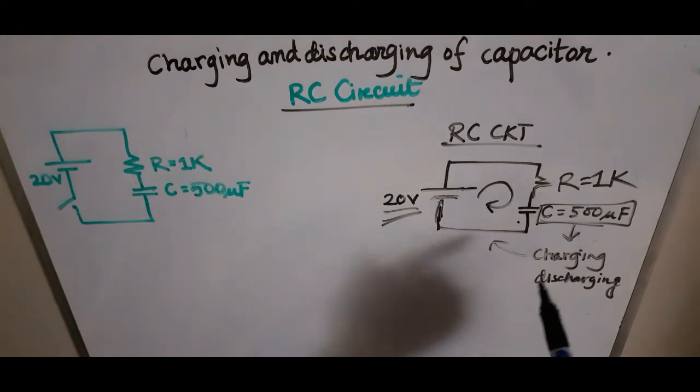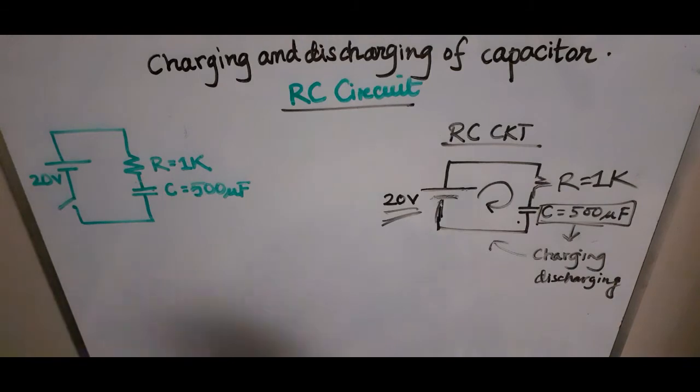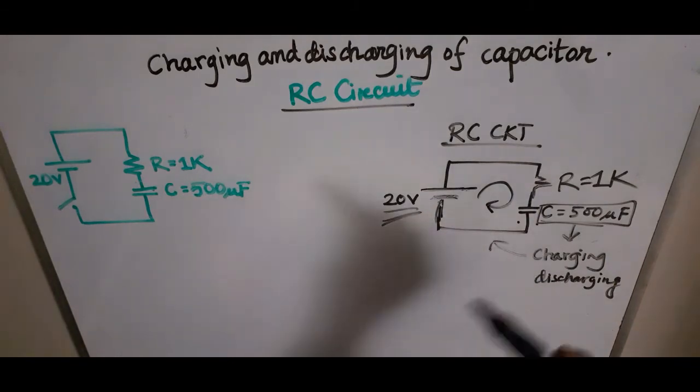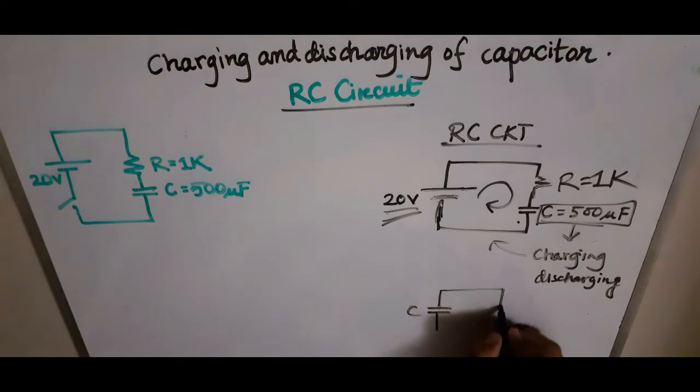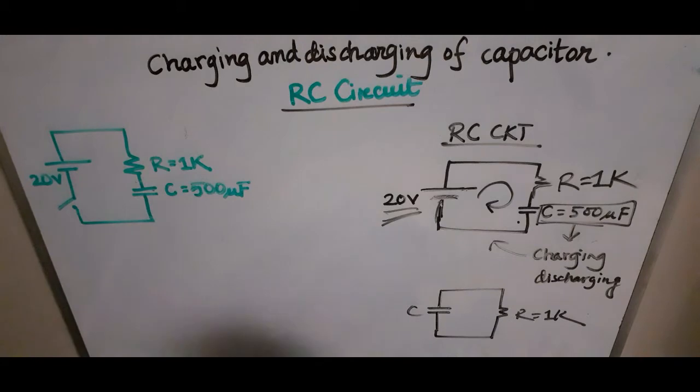A few minutes ago I said that the capacitor has a characteristic of discharging as well. So let's say we have a circuit like this, a capacitor C connected to a resistor. What will happen in this case? We are assuming that this capacitor is initially charged, let's say it holds an initial value of 20 volts.